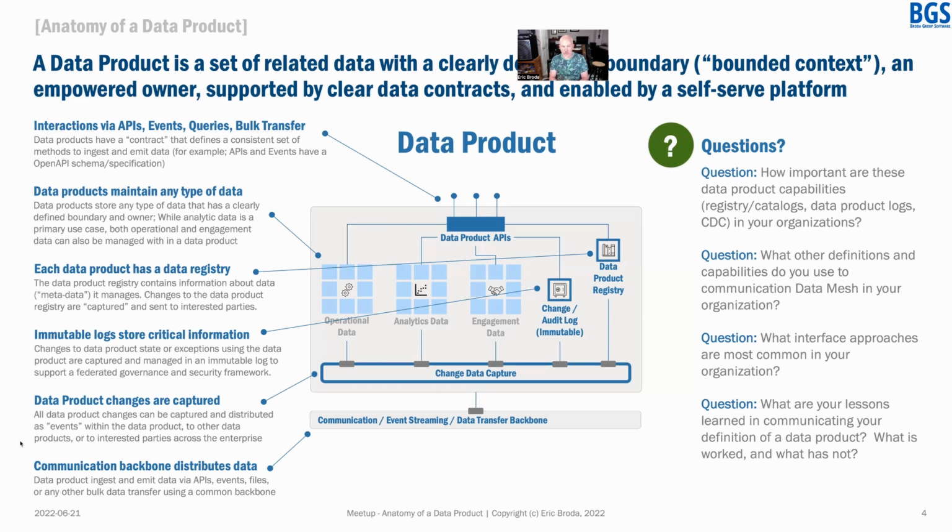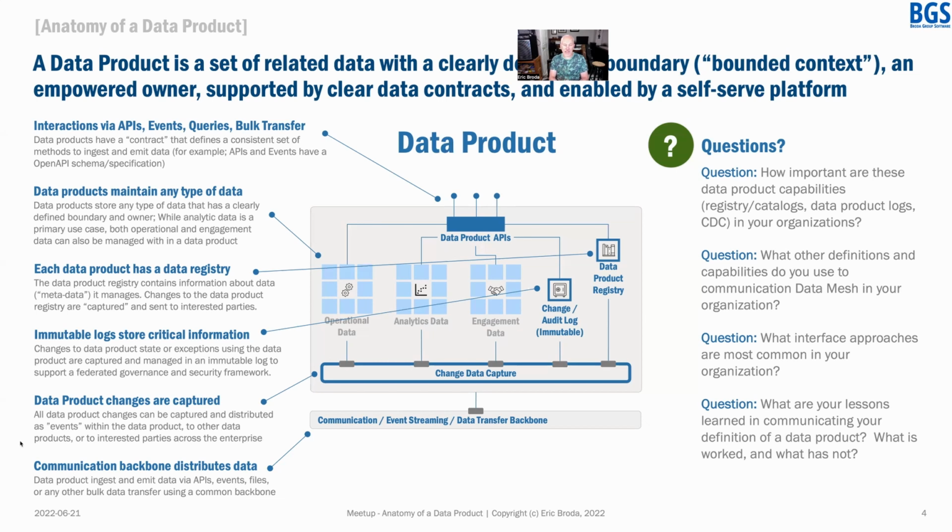The data product can maintain any type of data. So I've illustrated on this diagram operational, analytical, and engagement. There's usually one set of data inside a data product, so that's just there for illustration purposes. But the point I was trying to highlight is a data product can actually maintain, based off of the principles as Zhamak has highlighted, any type of data, whether operational, engagement, or analytical.